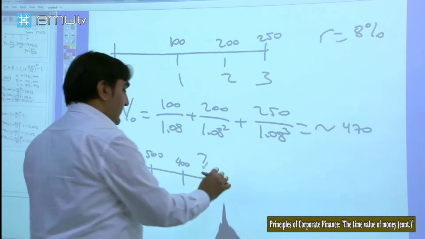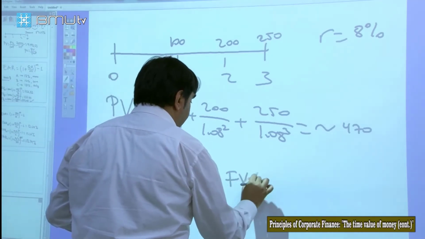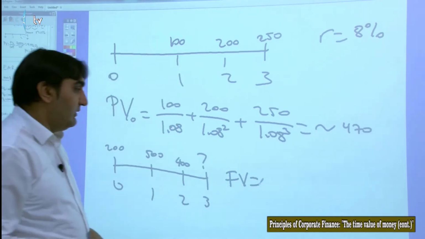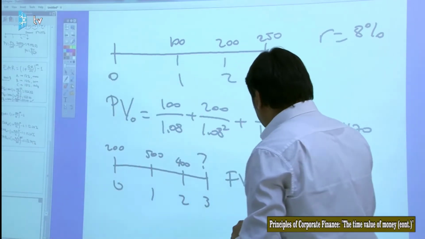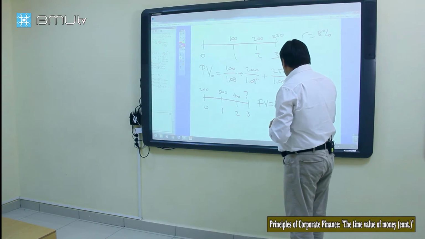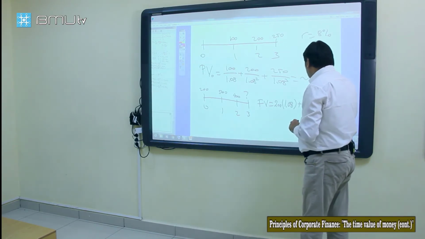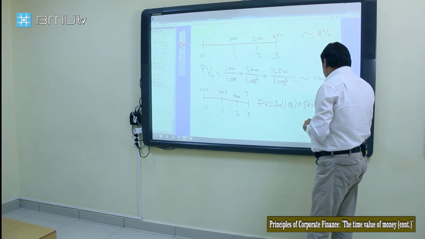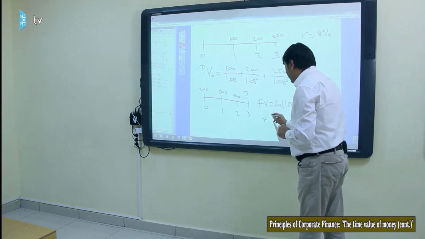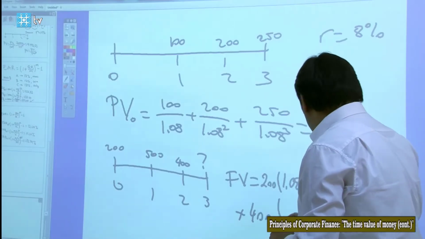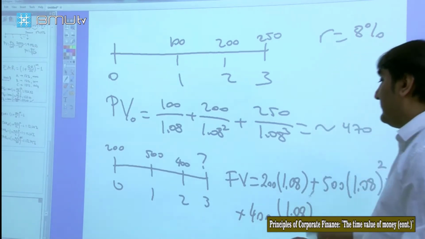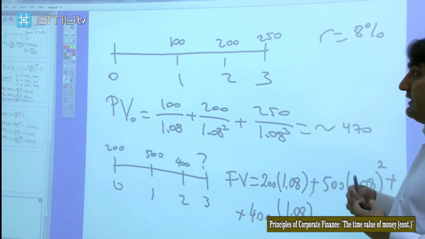That is, we find future value of all these cash flows one by one and sum up all these numbers at the end. 200 times 1.08 plus 500 times 1.08 squared, plus 400, it earns interest for 1 period, and that's, I put 1 here. So this is future value of all these cash flows.